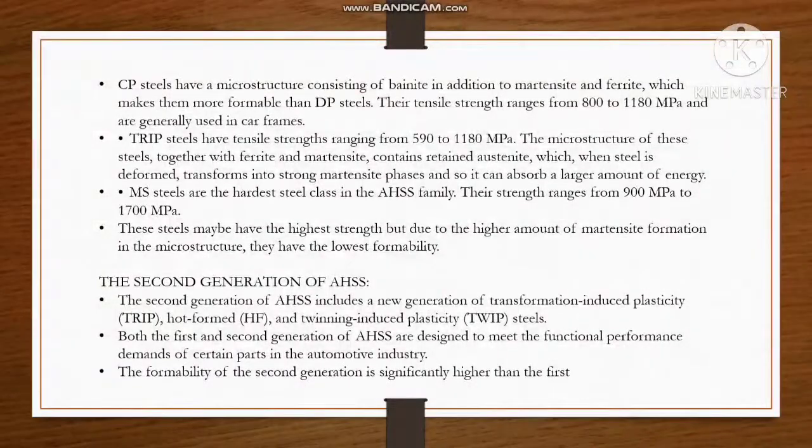The second generation of AHSS includes a new generation of transformation induced plasticity, hot form HF, and twinning induced plasticity, or we call it TWIP steels.